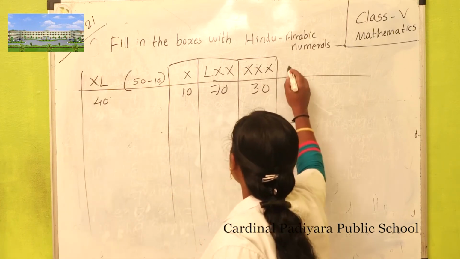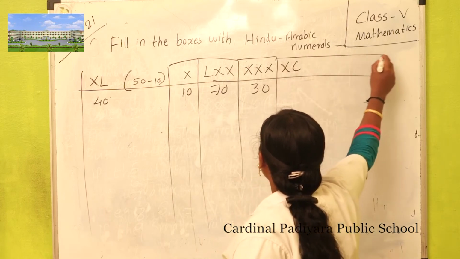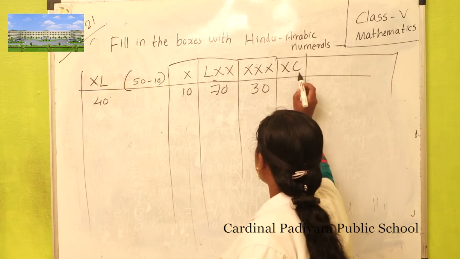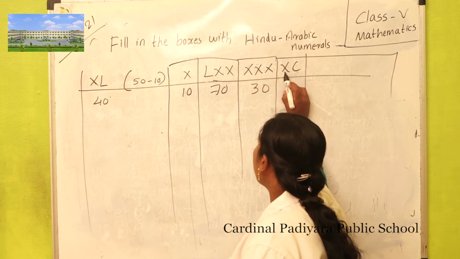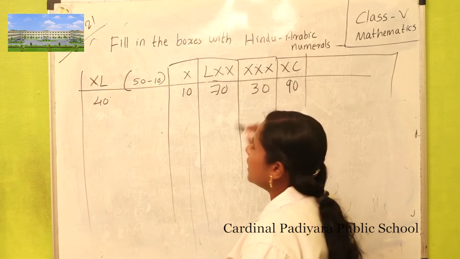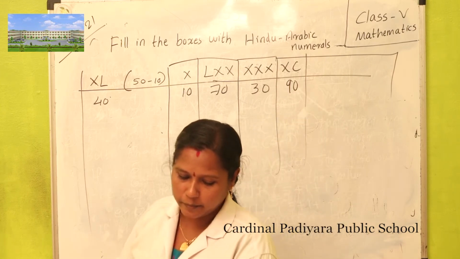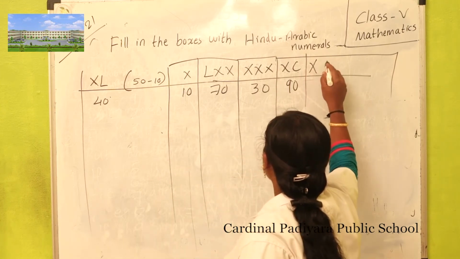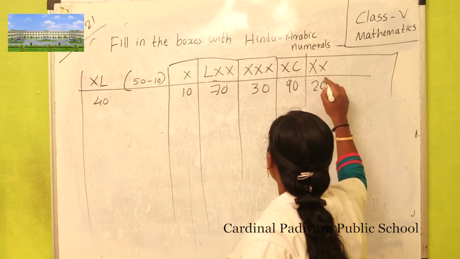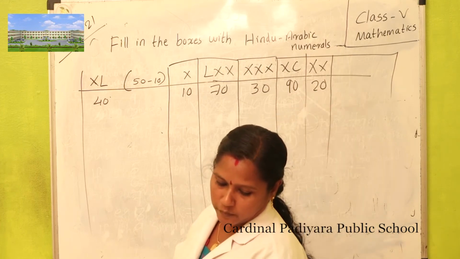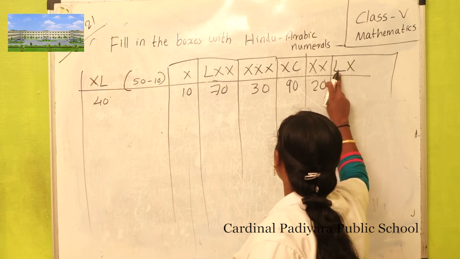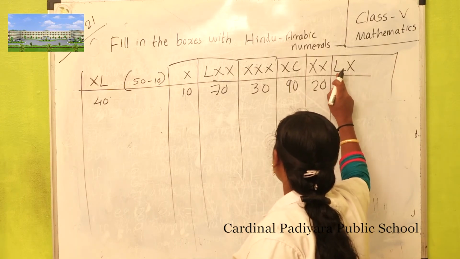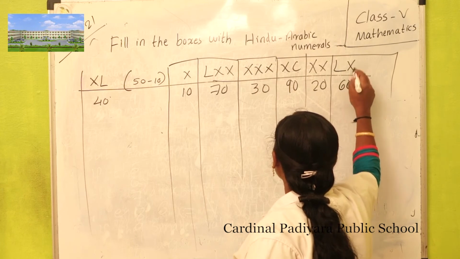Then XC. C 100, X 10. Then 100 minus 10, 90. Then XX, 10 plus 10, 20. Then LX. L 50, then X 10. That means 50 plus 10, 60.